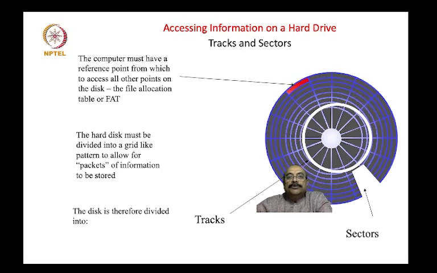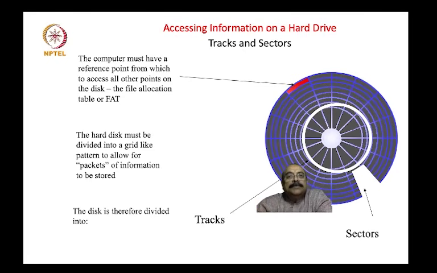If somebody wants to post a letter, they write my house address, then the postman will come and deliver it at my house. In the same analogy, if I ask my operating system to get one particular file, first it will identify the address. What is the number of the address? That address is called a cluster.